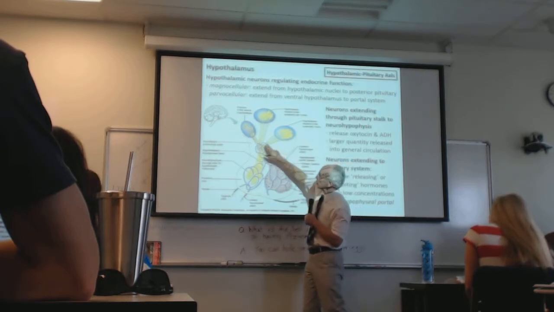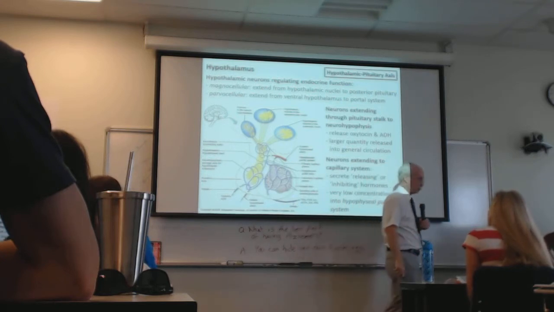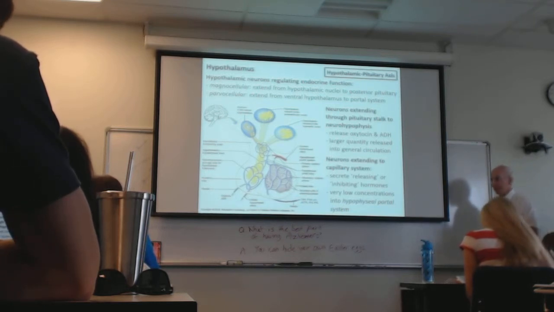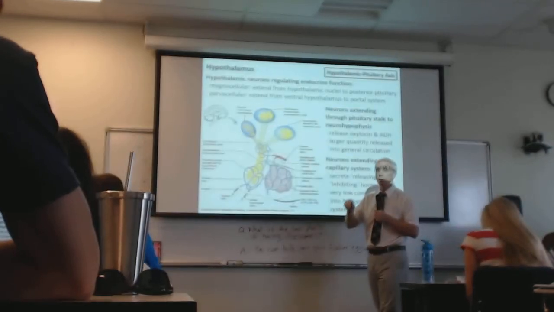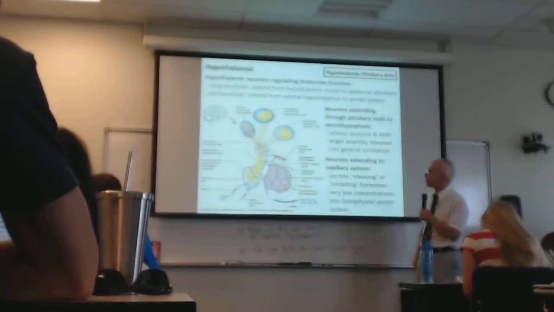And so the parvocellular neurons, and this is where it gets confusing for folks, and you may want to cogitate on this one. The parvocellular neurons are hypothalamic. They originate in the hypothalamus. They release hypothalamic releasing hormones. That's what we're going to call them, with a few exceptions.